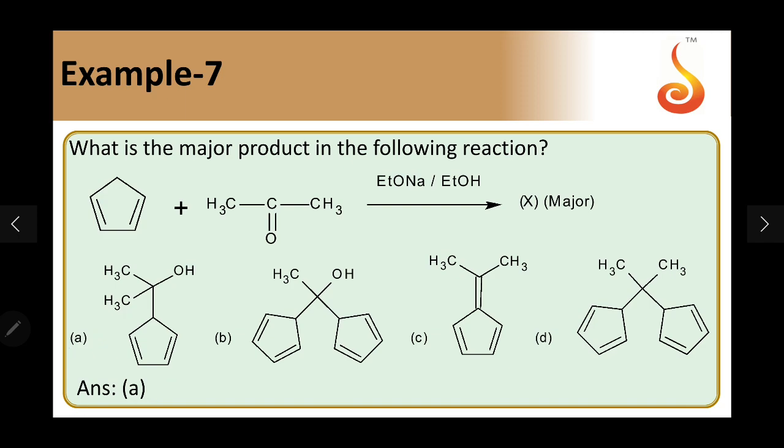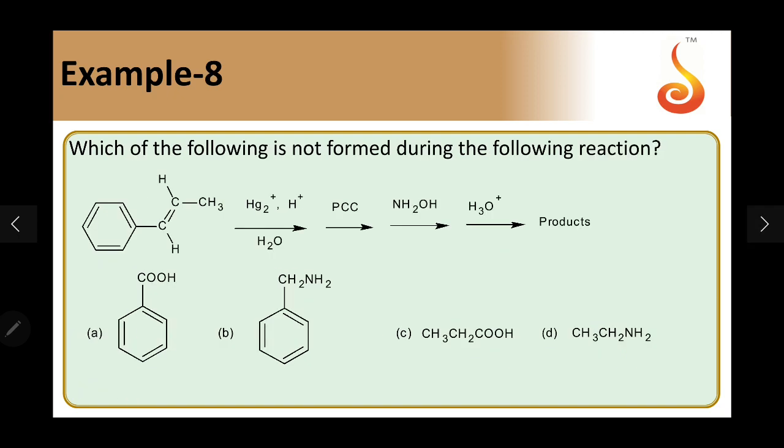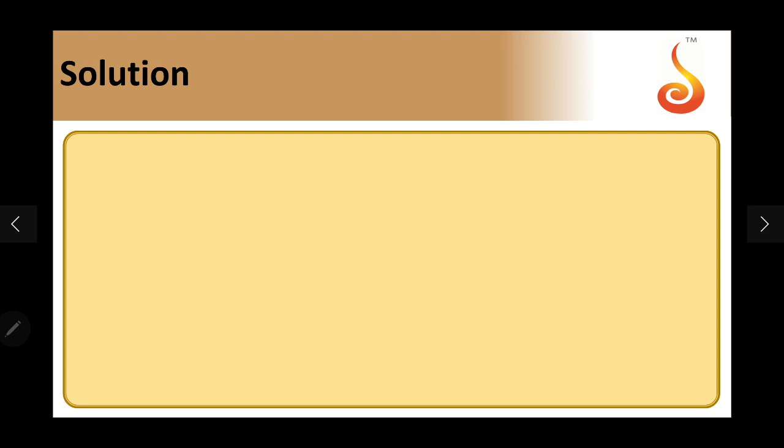Next question, example 8. Which of the following is not formed during the reaction? There is a sequence given. We have to go through the solution for the sequence. So we are given benzene, CH double bond CH, CH3.